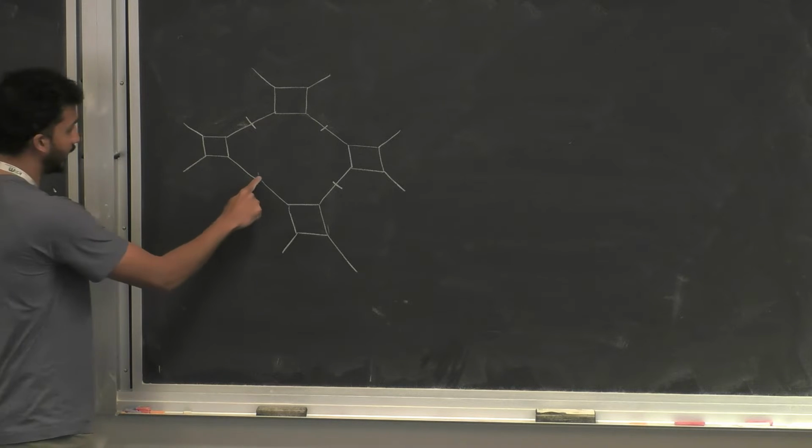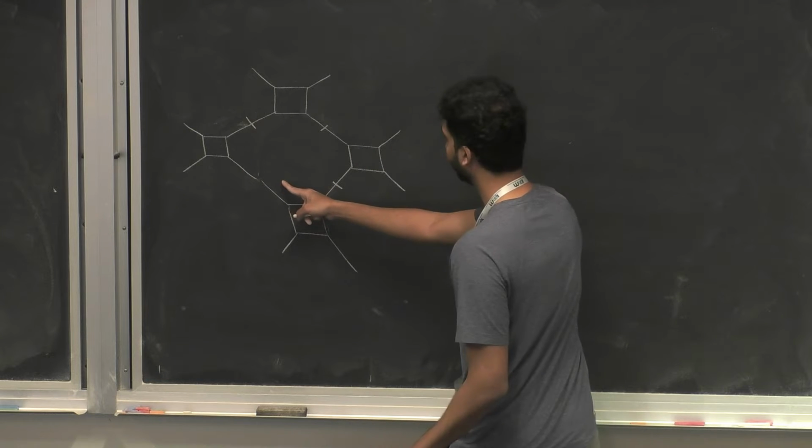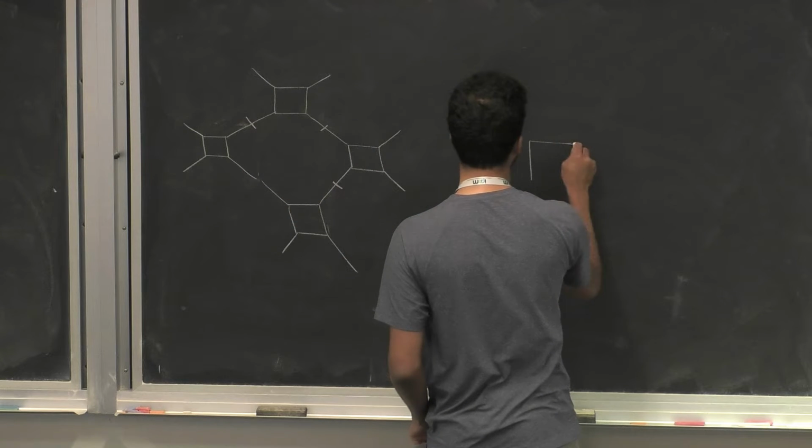Now these are degree 2 vertices that you want to contract. Once you contract these degree 2 vertices, you get this picture over here.